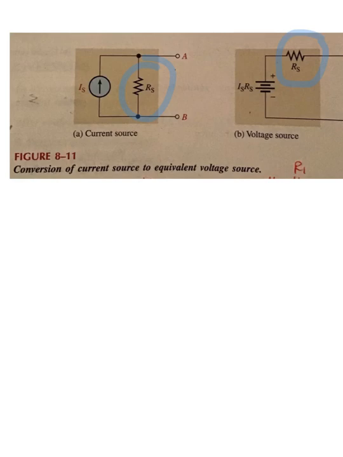Never change. Their location changes. In the parallel circuit here, in the current divider, it's in parallel with the current source, whereas in the voltage source version of the circuit, it's in series. That's about the only difference.